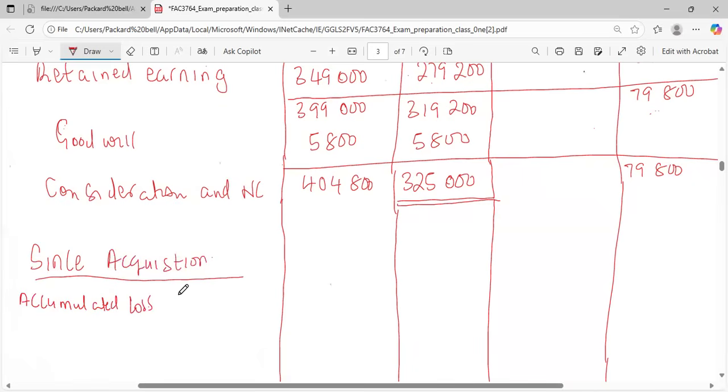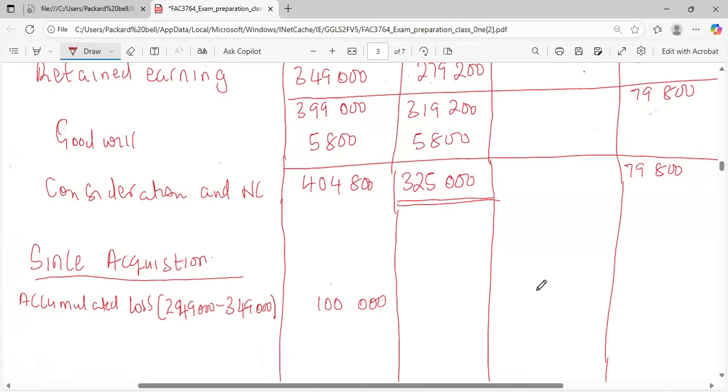So the loss is going to be, they now have 249 from 349,000. So there is a loss of 100,000.